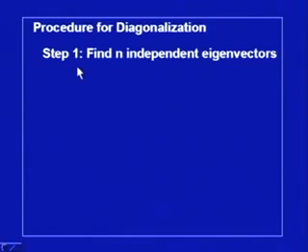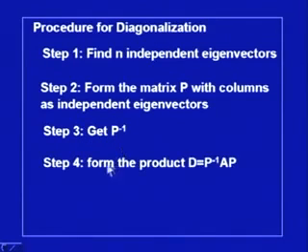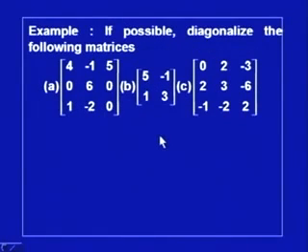The first step is to find n independent eigenvectors for a given matrix A. Then in the second step, we form the matrix P with columns as independent eigenvectors. Then the third step is to calculate P inverse, and the fourth step is to form the product P inverse AP, and this will be the diagonal matrix D. So, we apply this procedure to diagonalize square matrices.